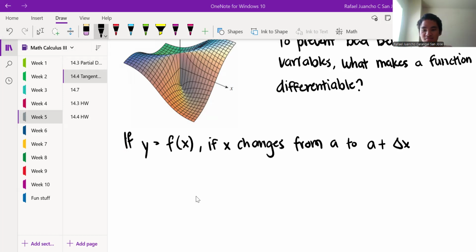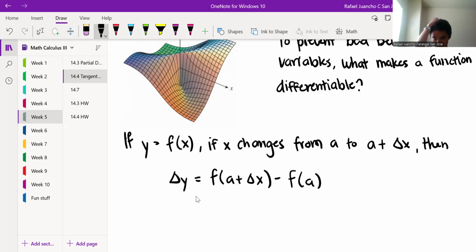well then that also changes our y. So we plug in this new x value, a + Δx, into the function, minus my function at the initial value. That's how we can determine our change in y.